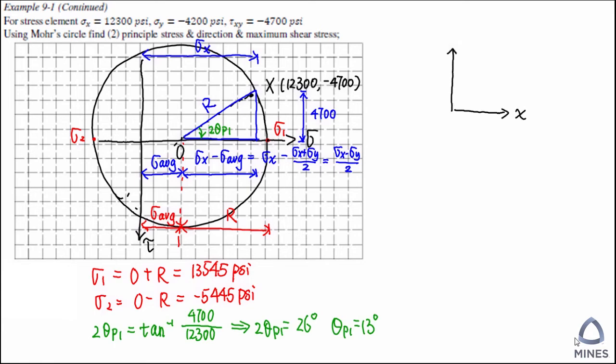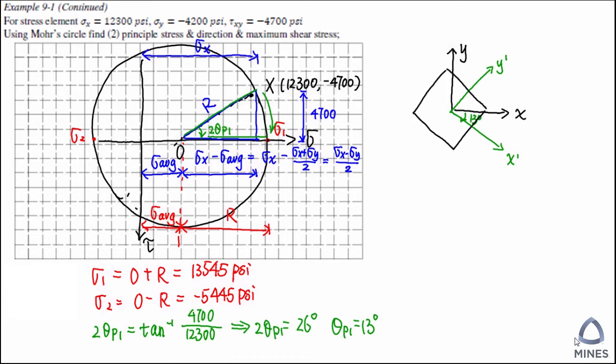And now we are going to rotate our axis, which is the OX line, clockwise to the maximal normal stress. Which means in the original system, we are going to rotate in the same direction but half of the angle. So that's a new coordinate system. And try your best to draw a stress block.